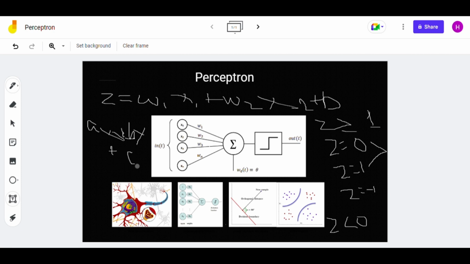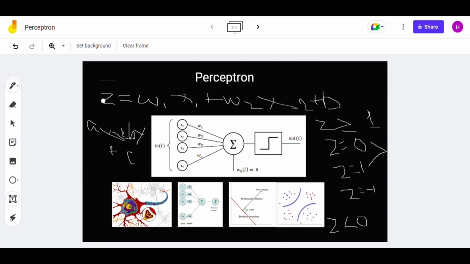So it is similar to a line equation, and w1 x1 plus w2 x2 plus b combine in this equation to give us an output z, which is then provided to a function, the step function, and we will talk about that later, and which provides us an output. So that was a basic concept of perceptron.